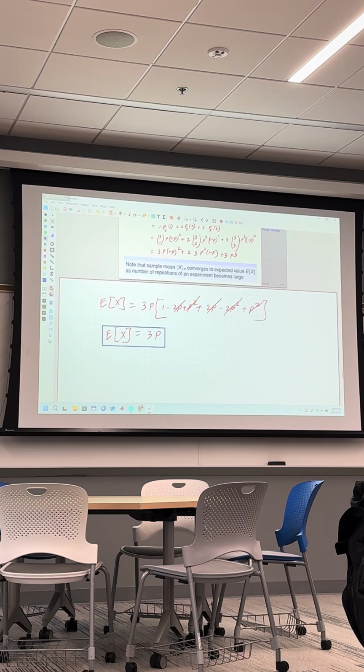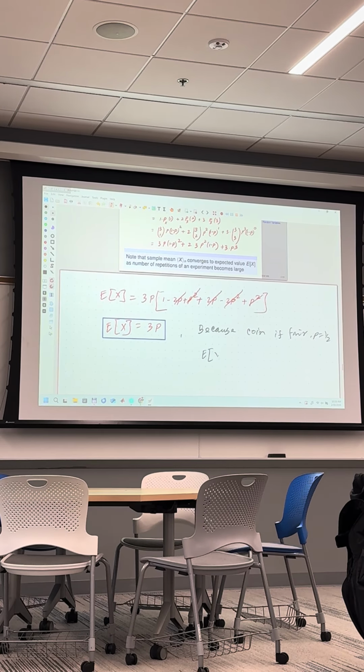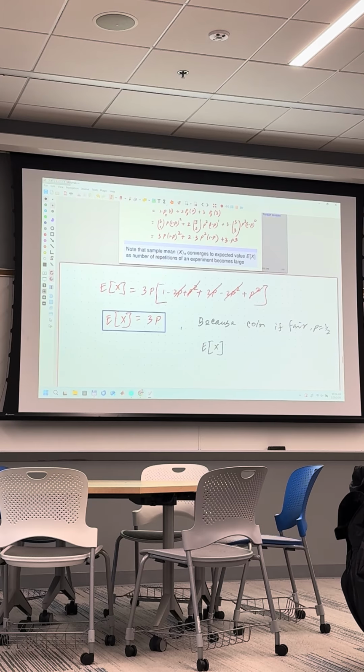But if I did not say in terms of p, because you are given p equals 1/2, then the expected value of random variable x, which is a binomial random variable, is 3 times 1/2, which is 1.5.